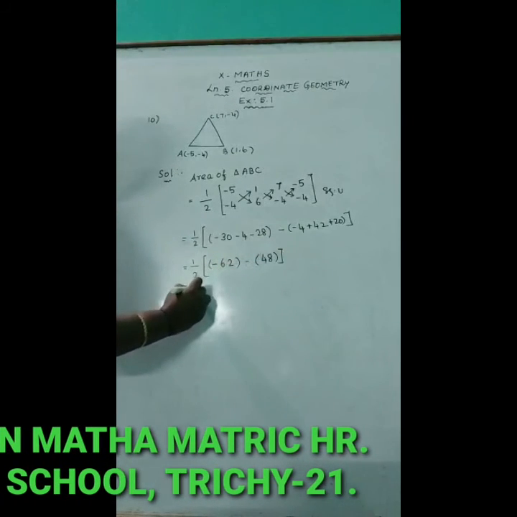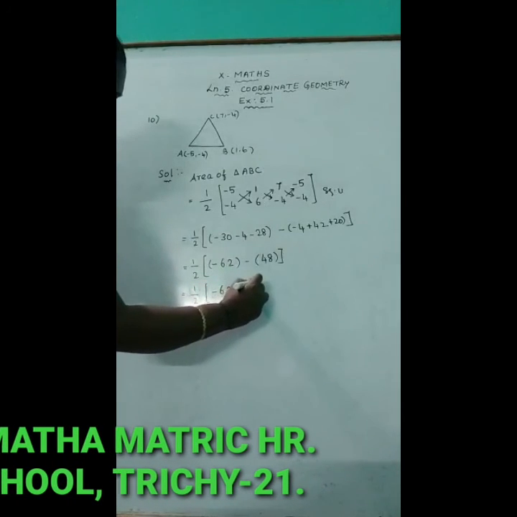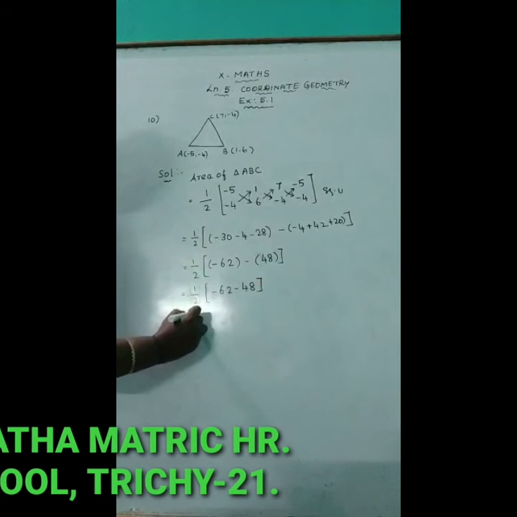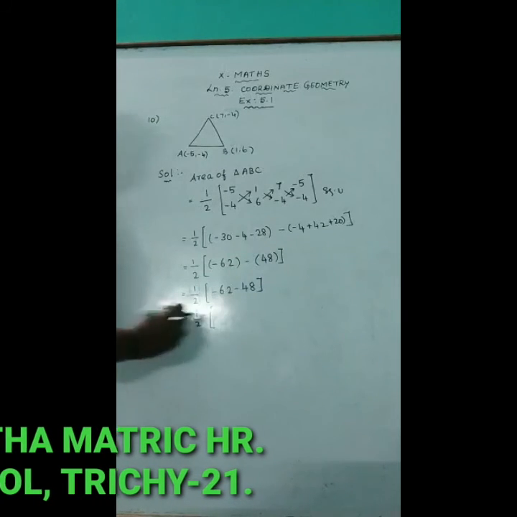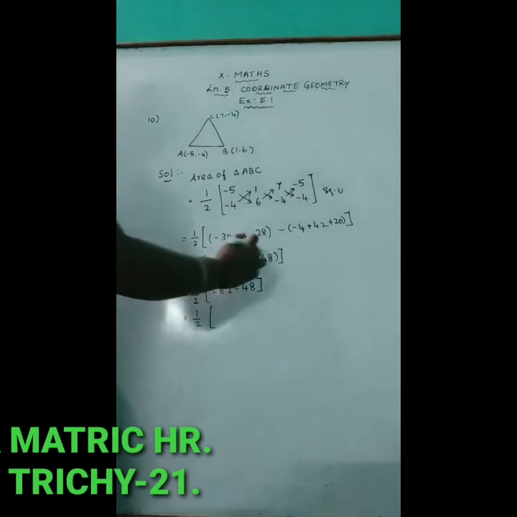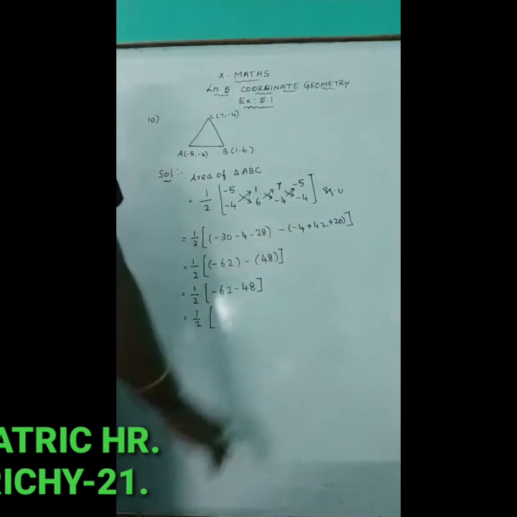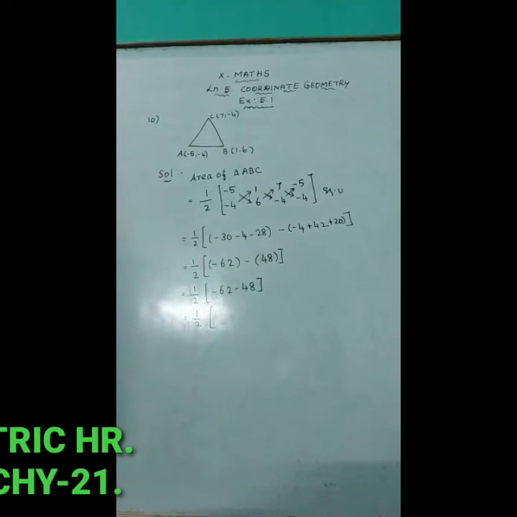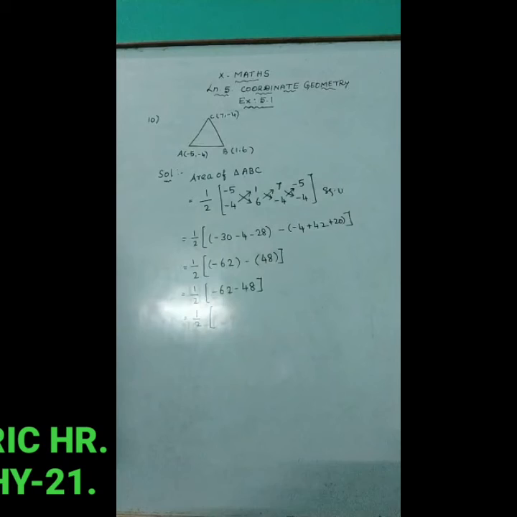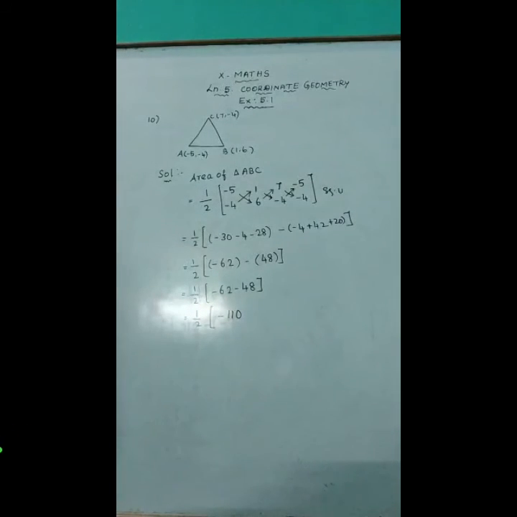So the next one, 1 by 2 into minus 62 minus 48, adding now we have 42 plus 20, 62, 62 minus 4, 58. So minus 62 minus 48, we have 110. So minus of 110.